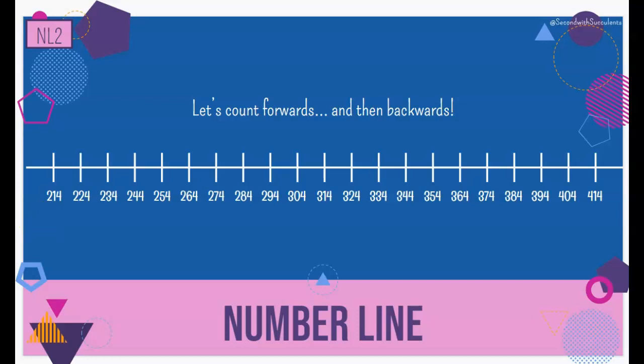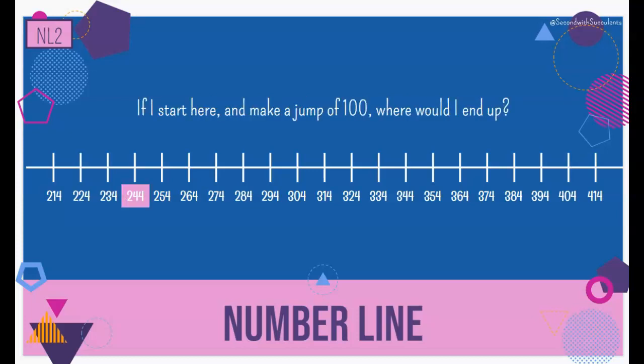Let's look at a few other things on this number line before we play Guess My Number. Now, if I start here at 244 and I make a jump of 100, where would I end up? Think about our friend Kangaroo and our digits in our hundreds place. Where will we end up?